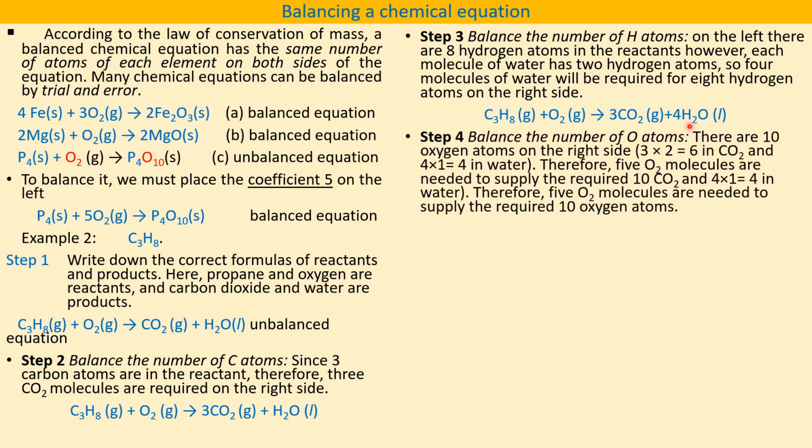Then next step is to balance the number of oxygen atoms. There are 10 oxygen atoms on the right hand side. That is 3 into 2 equals 6 in carbon dioxide and 4 into 1, that is 4, in water, so oxygen atoms are 10.